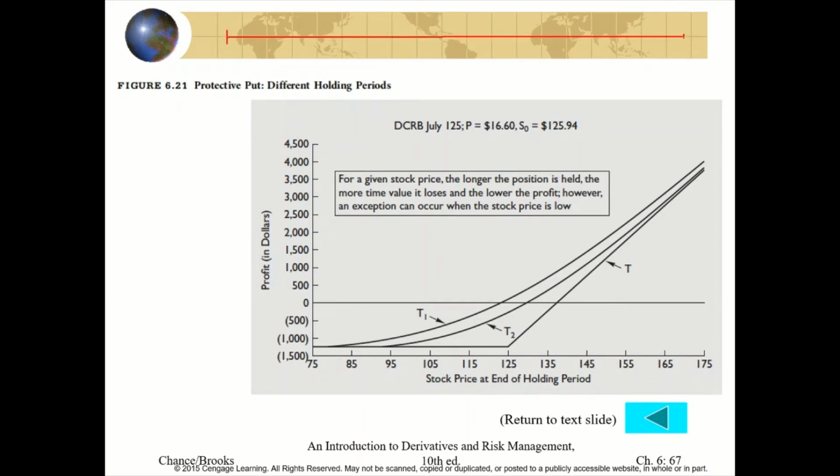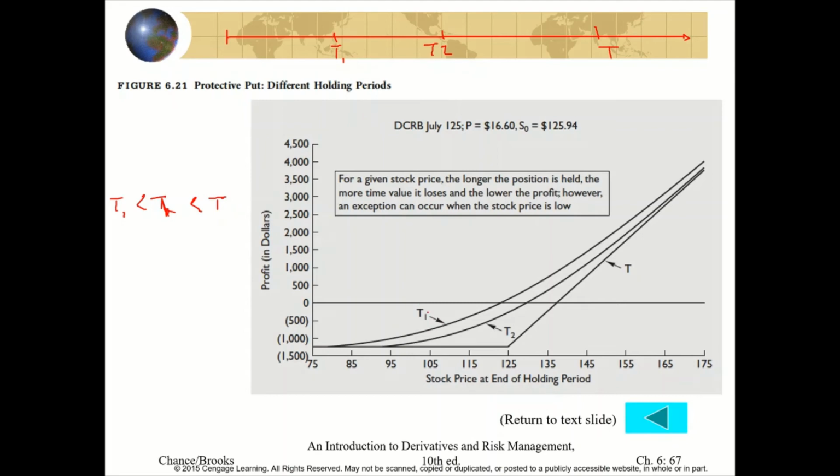As we saw before, with time to expiration T, we have time T1, which is smaller than time T2, and T1 is smaller than T2, which is smaller than T. Now, why do we observe that for any given level of the underlying stock price, or any given level of the intrinsic value, the shorter holding period always results in higher profit?